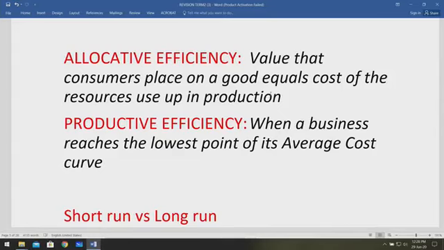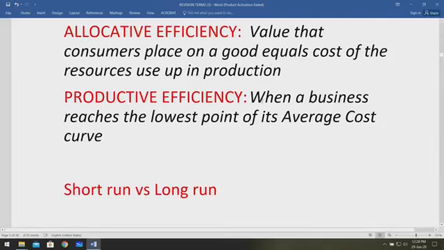So this happens when a business reaches the lowest point of its average cost curve. Then it's being productively efficient. So they're making full use of their factors of production, or using them in the most effective way. Whereas allocative efficiency, on the other hand, deals with meeting the needs of the consumer.